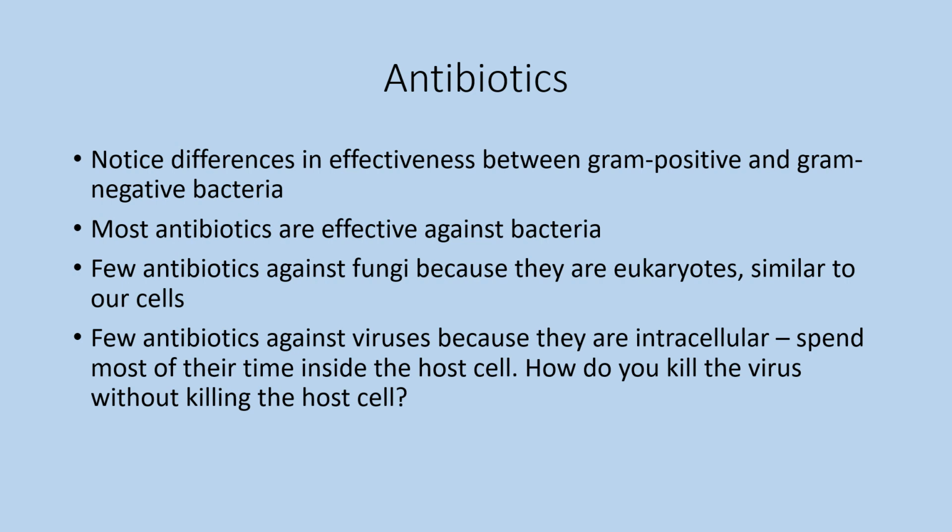The ribosomes are the same size. We both have mitochondria. It's harder to find an antibiotic that would be effective at killing fungi, or at least stunting their growth some, but doesn't do the same thing to our cells. So obviously you want to kill the fungus without damaging our cells, and that's a little more difficult to do.